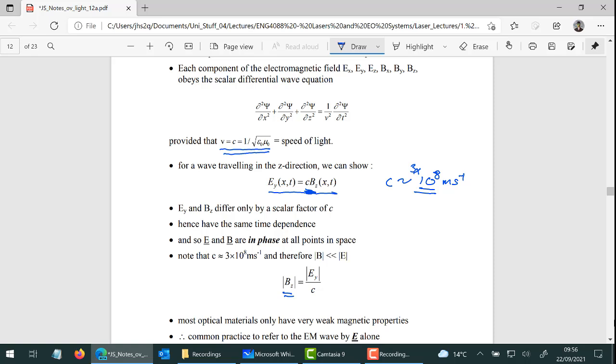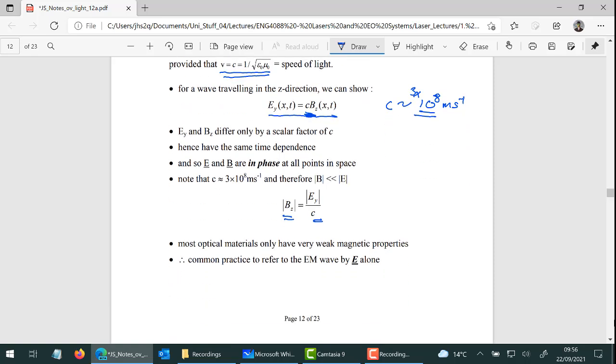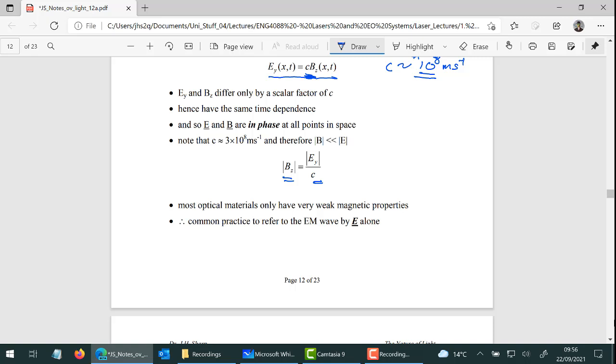Now, given that the amplitude of the magnetic field is 10 to the 8 times smaller than the electric field, generally for electromagnetic waves, we just ignore the B component, the magnetic component, completely.